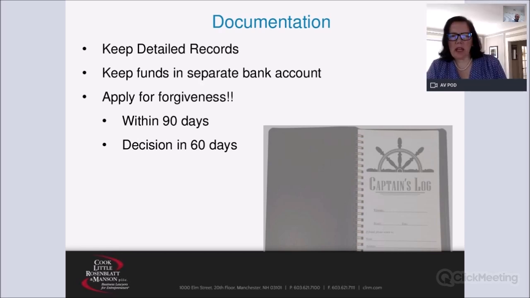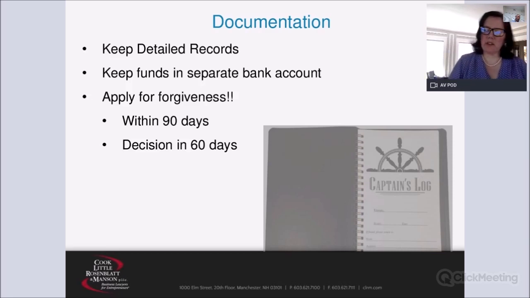And the SBA has said that for people with Schedule C income, they may only deduct or have forgiven the mortgage, utility, rent type payments if that category of expenses showed as being paid on their 2019 Schedule C.